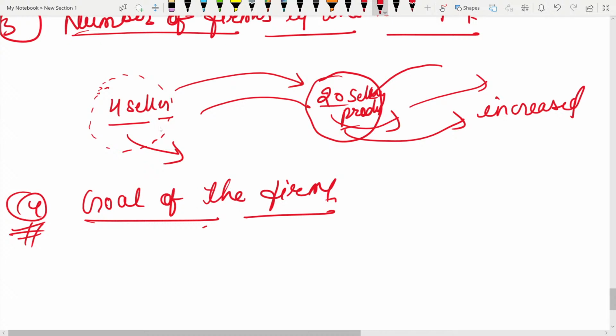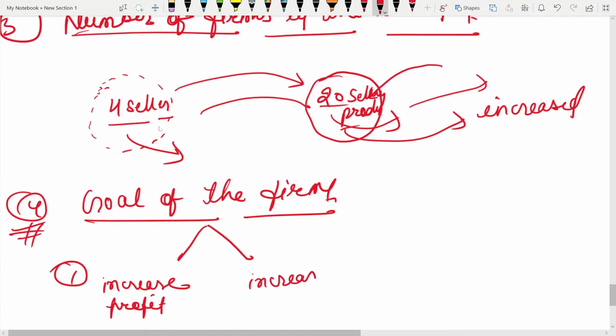Let's suppose there can be two situations. The first is wanting to increase profit, and the second is wanting to increase sales revenue.